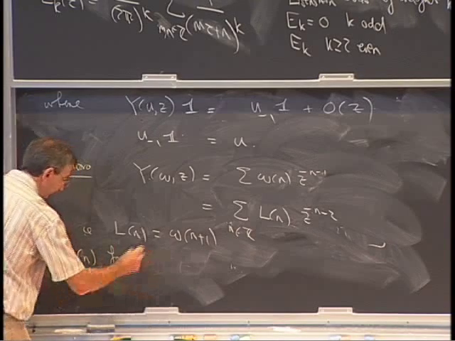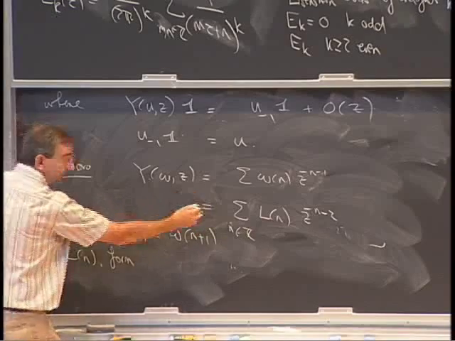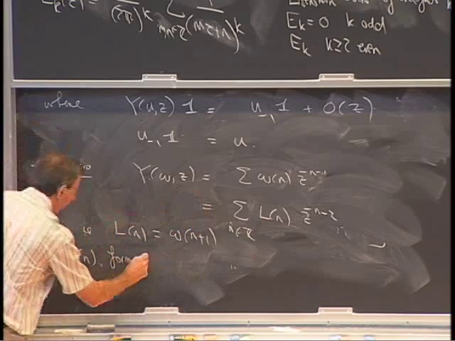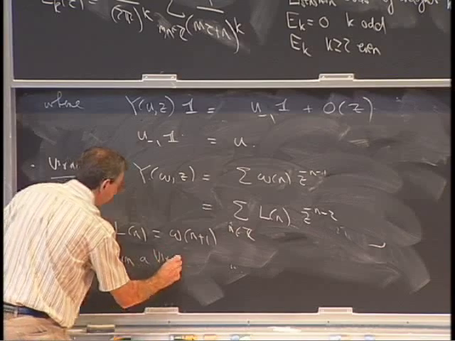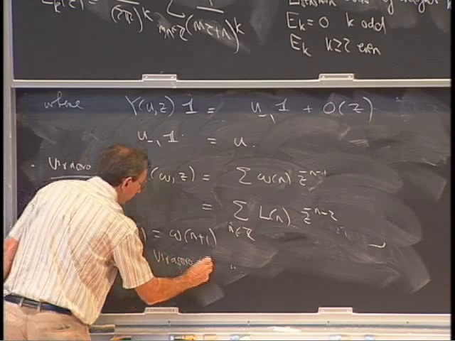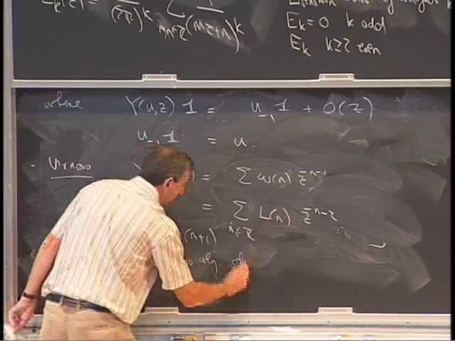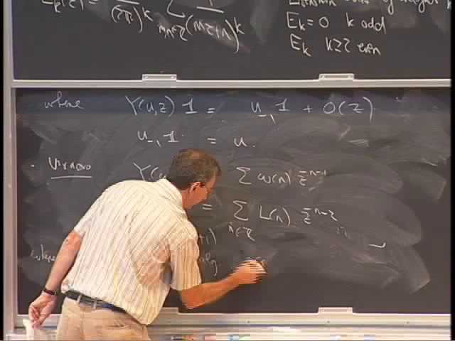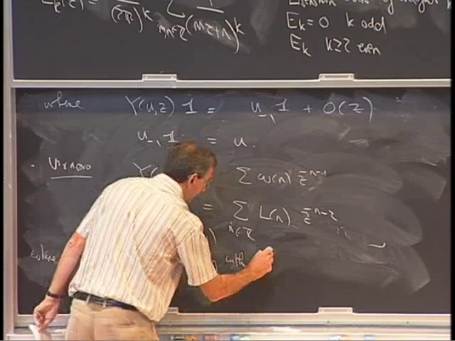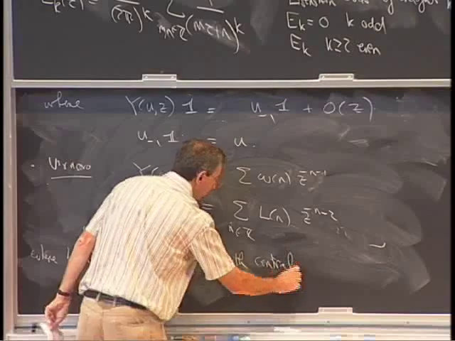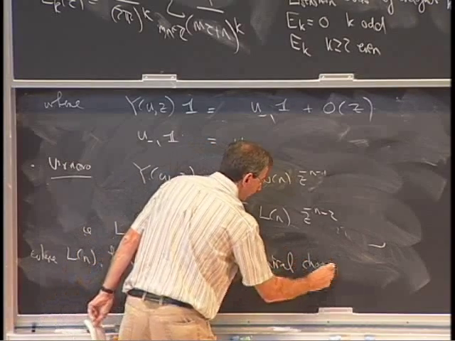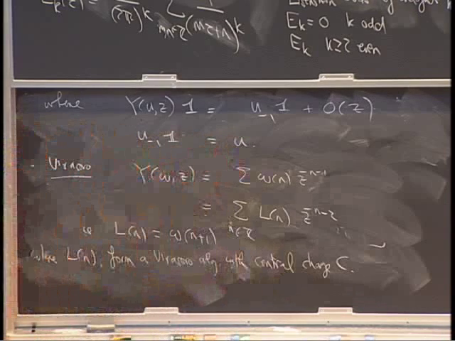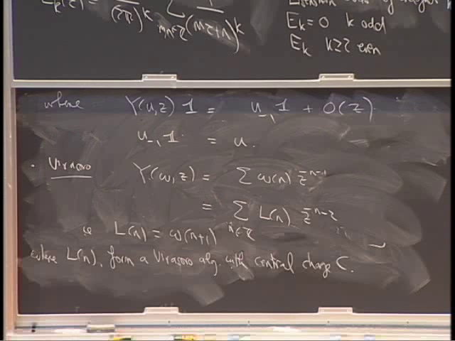So this is one of the axioms, that there is such a vector such that its modes form a Virasoro algebra of some central charge. The central charge is sort of like an invariant of a VOA, some particular parameter associated with the VOA.